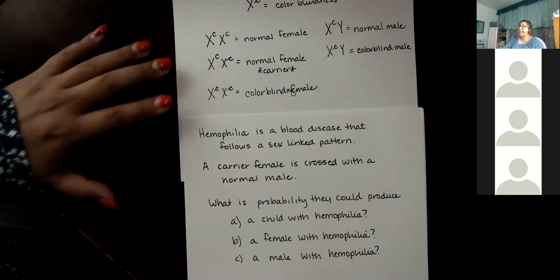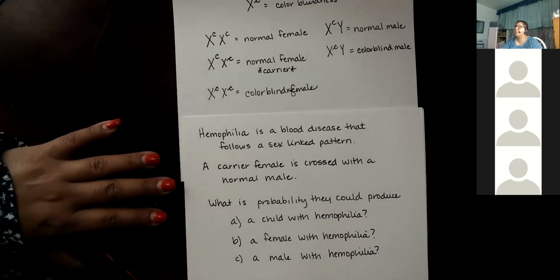All right, so here's what I want you to do. I want you to solve problem A. I will help you with B and C. You don't have to draw new squares for B and C, but I'd like you to solve problem A. I'm going to leave this up here so that you can use it as a pattern to figure out what the genotypes of the parents are.